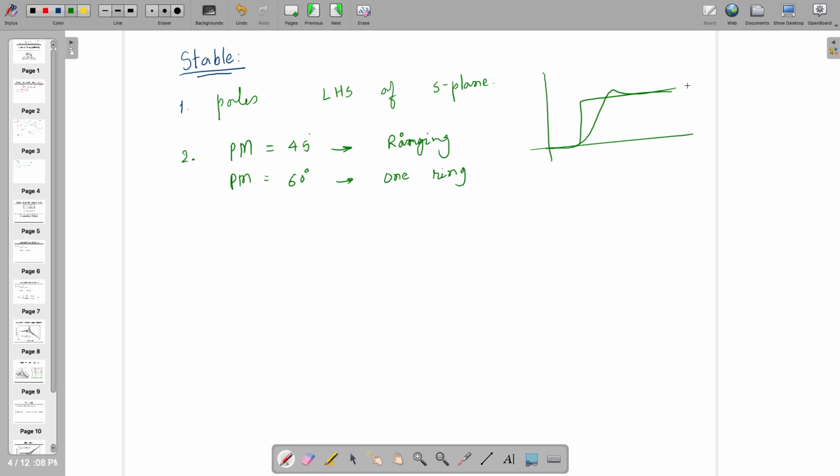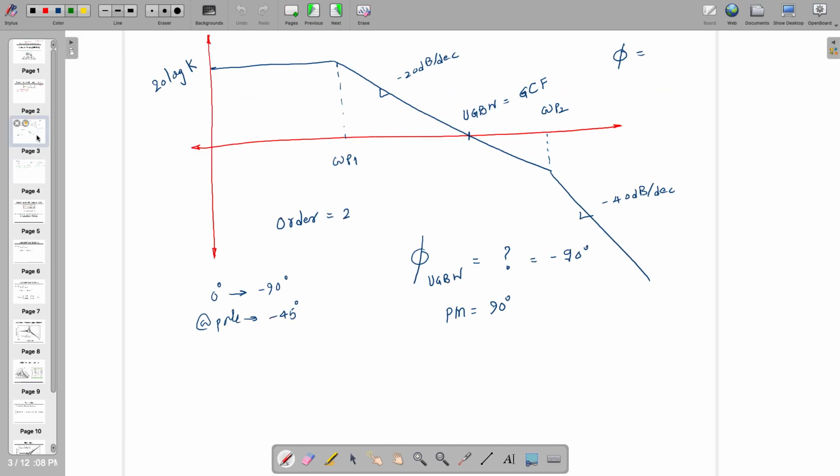So at 60 degree, this is V in versus V out with respect to time. This is what we are looking for. So for the system which we have drawn just now, what is the phase margin? It's 90 degree, right? So the system is stable.